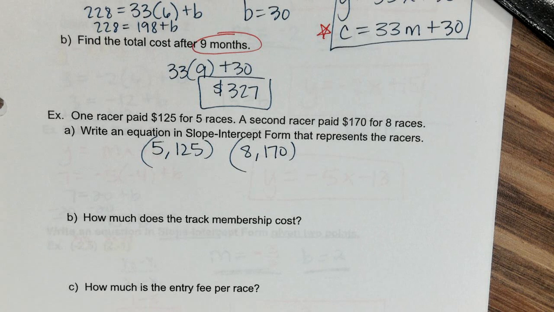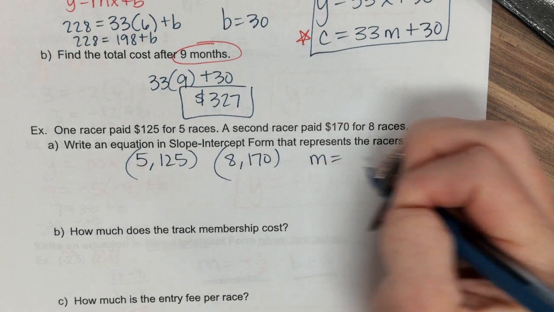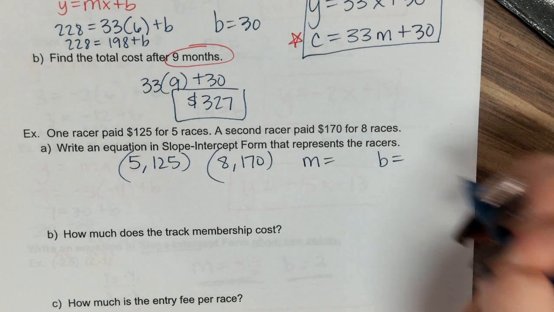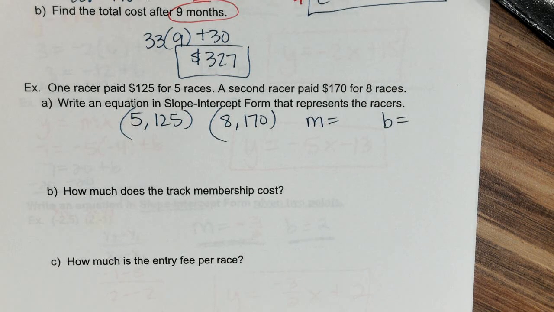They want you to write an equation. So anytime you're writing an equation, you need an M and a what? And a B. Now question, would stat work for this one? Yes, let's go do it in stat.